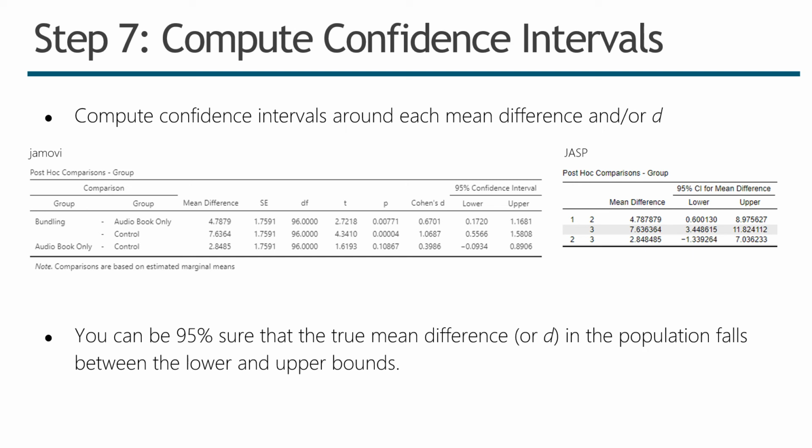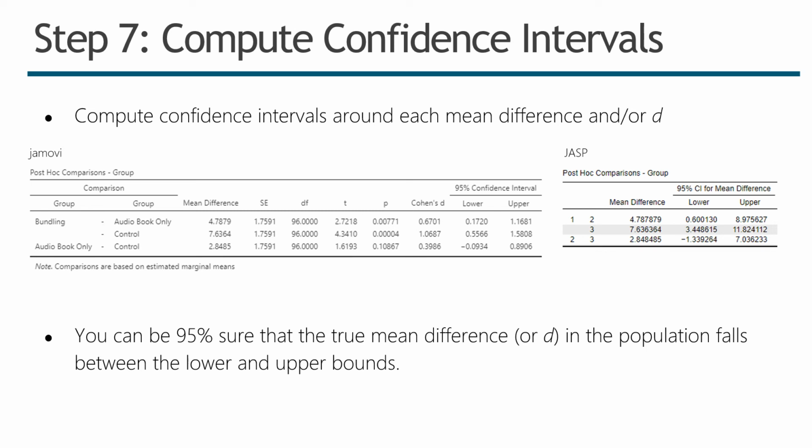So if we look at the Jamovi output where we're looking at Cohen's d with the 95% intervals, our first one, the confidence interval around a d of 0.67, is that the lower bound is 0.17 with an upper bound of 1.17, right? That's a really big range, right? So it tells us I'm 95% sure that the true effect size in the population is between 0.17 and 1.17.